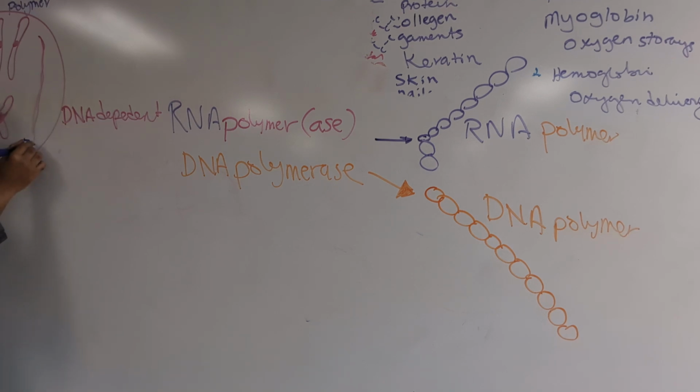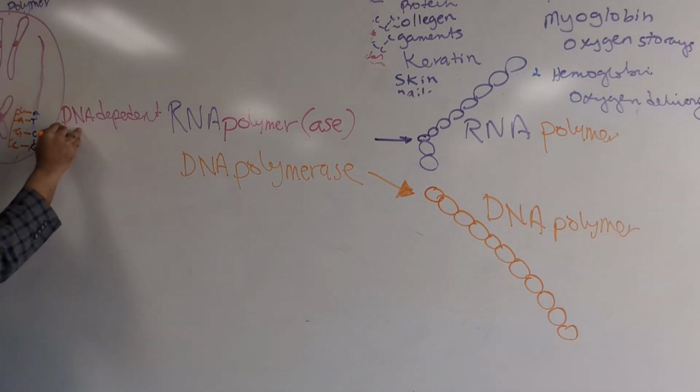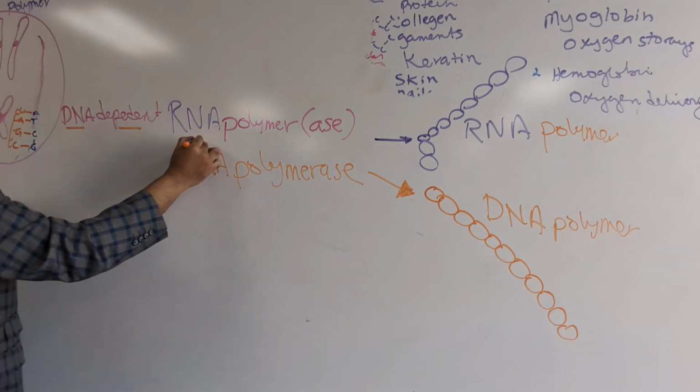Let's say you have a G here, C, you have a T, you have an A. For every G, you put a C. For every C, you put a G. For every T, put an A. For every A, you put a U. And that is your RNA transcript. So you depended on the DNA. That's why they call it DNA dependent RNA polymerase.